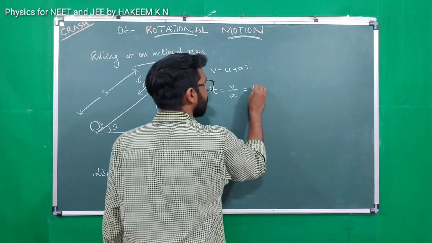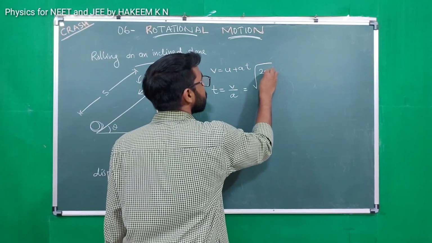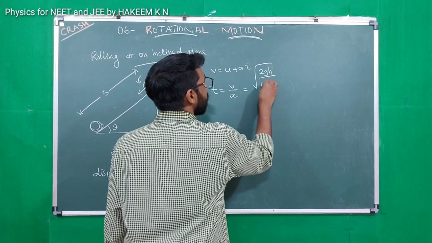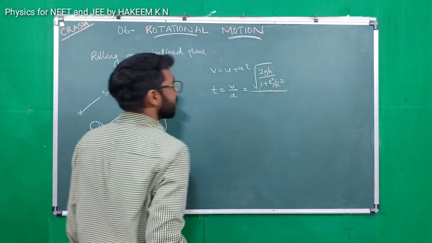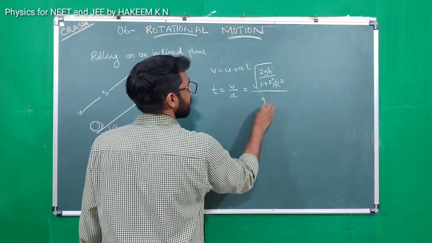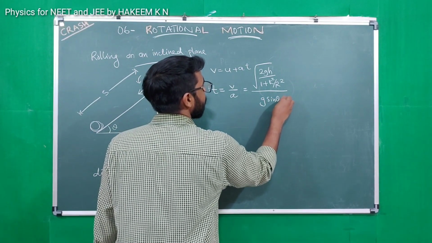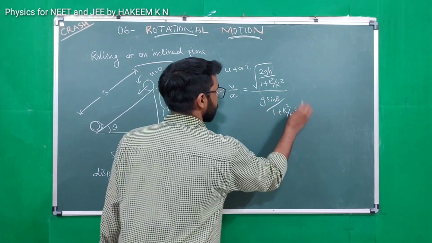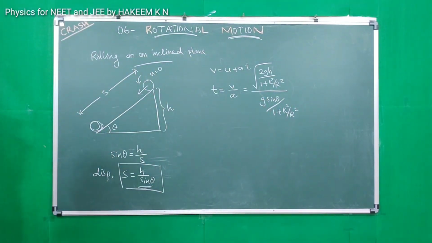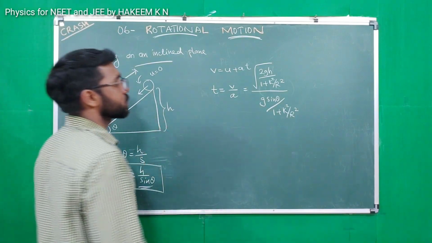For velocity, we got the equation root of 2gh by 1 plus k square by r square. And for acceleration, we got the equation g sin theta by 1 plus k square by r square.